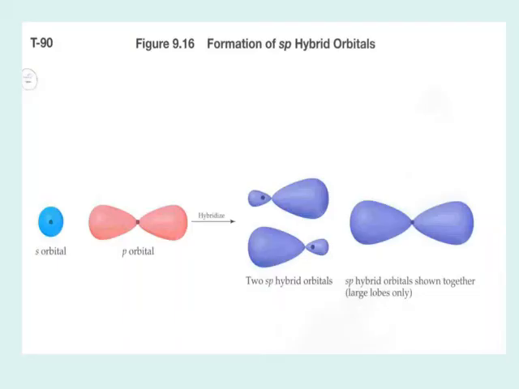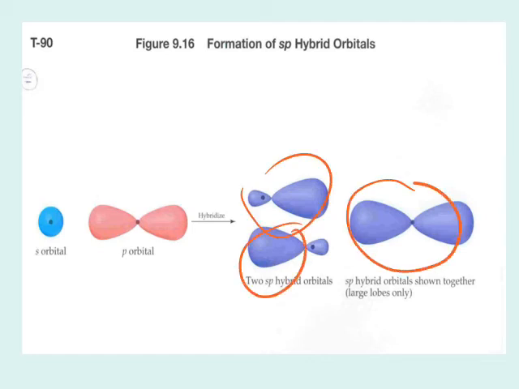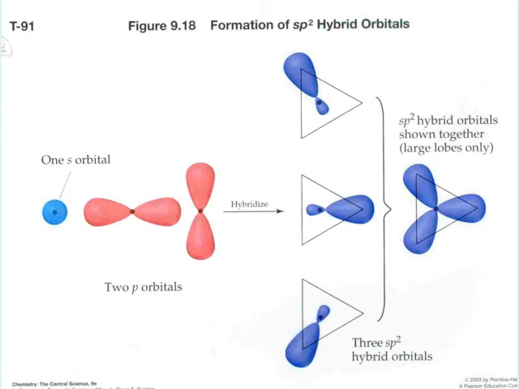Now here we're showing you different types of hybrid orbitals again. You're seeing the sp hybrid orbital. This is one of them, this is the other one. These are both sp orbitals on two sides of the central atom. This is showing you sp2 hybrid orbitals. These are all taken from the book.